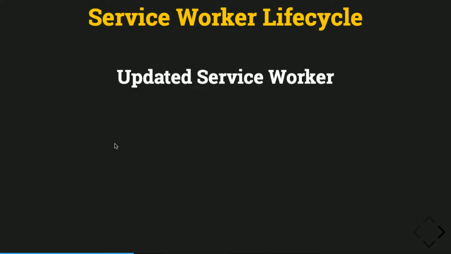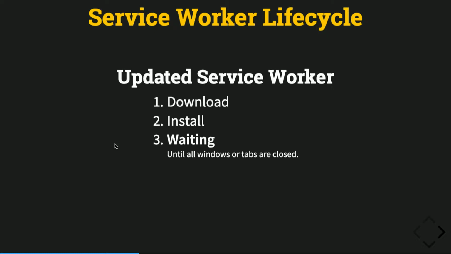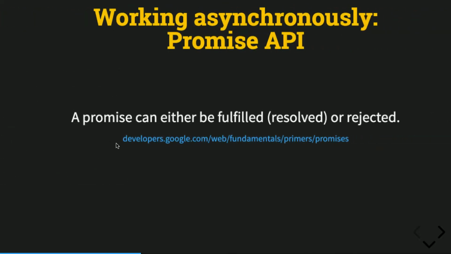Now, on subsequent changes to a service worker, you're going to go through that same process of downloading, installing, and then there's going to be this period where you have a service worker available, but it's waiting to take control over the page from the previous version of the service worker. It requires that all the windows and tabs are closed for that to happen, and then it will activate. This will start to make more sense when I get into the details of how this actually works.